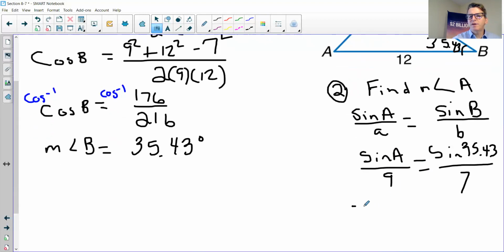That gives you 7 times the sine of A is equal to 9 times the sine of 35.43.